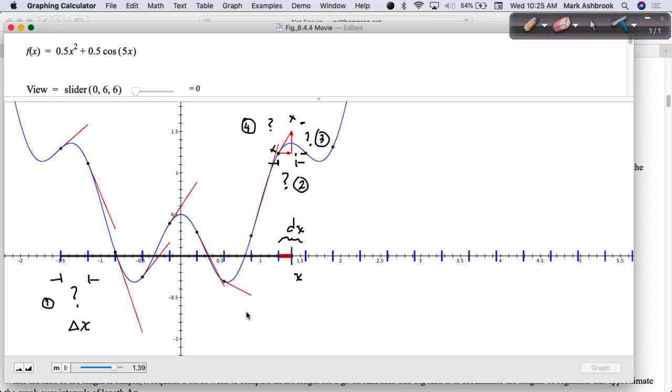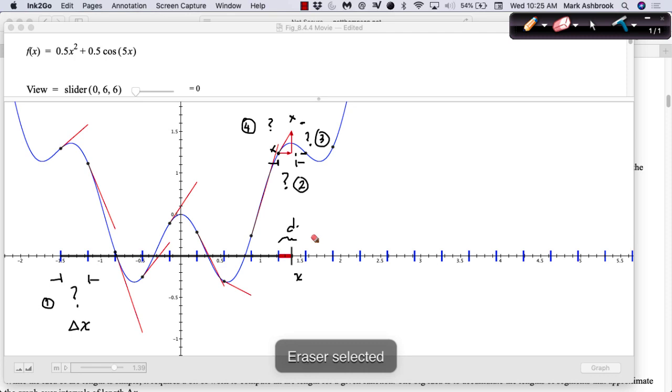Sorry, that's not well drawn. So dx is how much variation you have in the current interval, how much x has varied through the current interval. So it starts at 0, and then its maximum value is delta x, and it takes on every value in between 0 and delta x as x varies through the interval.